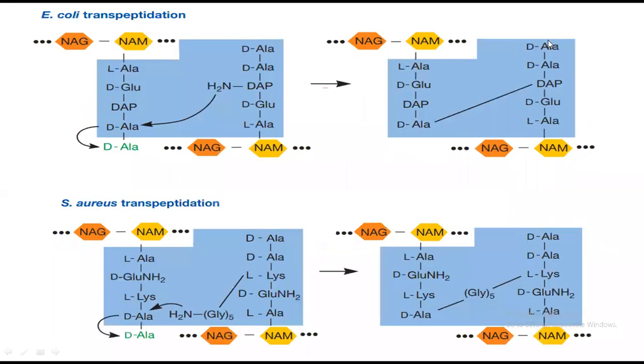Now this is a transpeptidation reaction. After the addition of the new subunit to the existing peptidoglycan layer, it has to make an interbridge between the two molecules, just to give strength to the peptidoglycan layer.